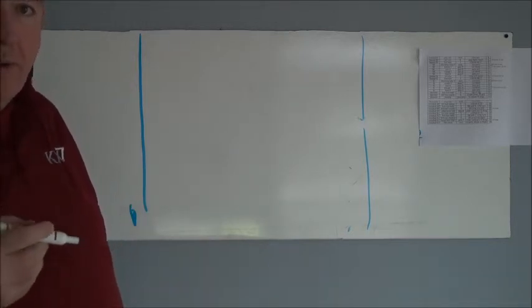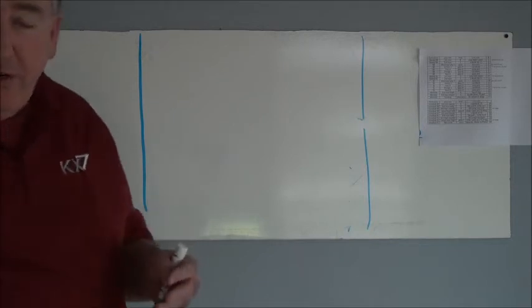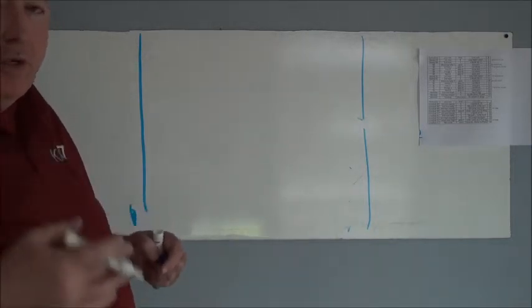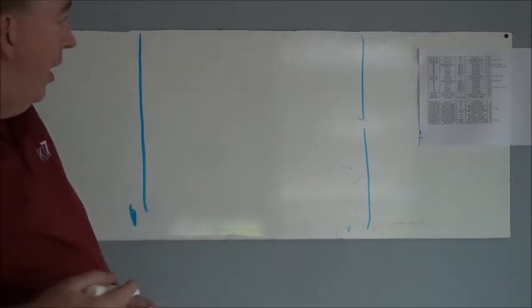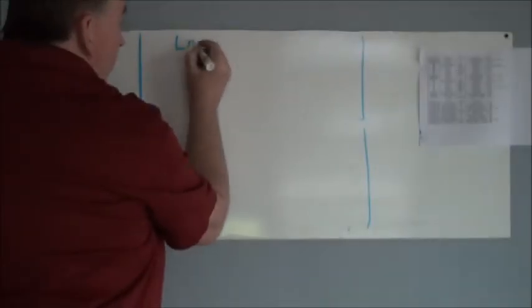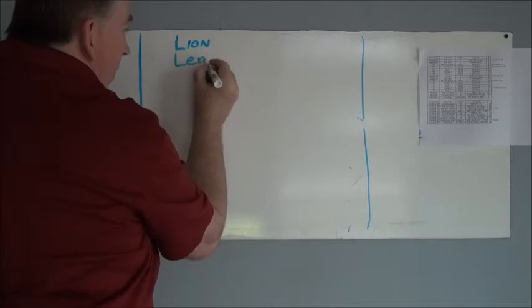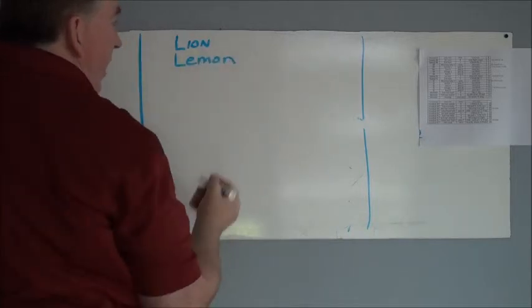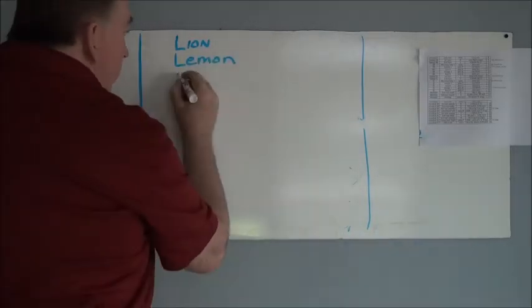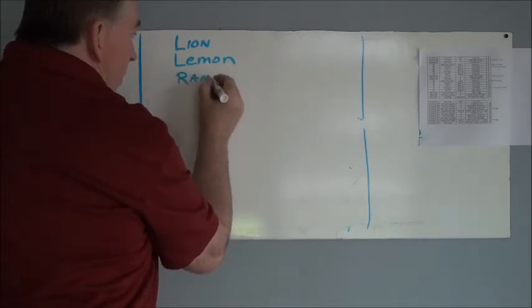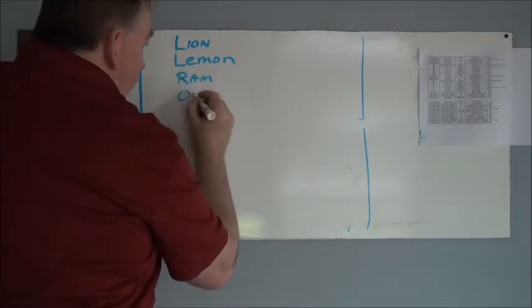So we're going to talk about the definition or the terms or the rules. The words we use for the screens are lion and lemon, that's to the left. And to the right, we use ram and orange.